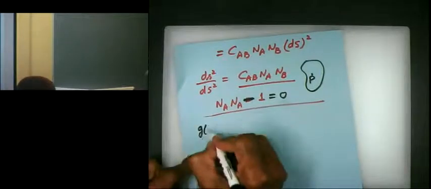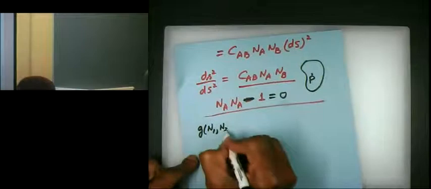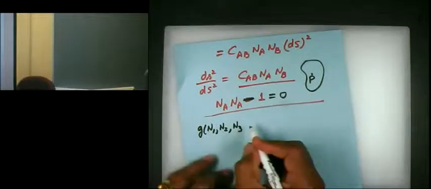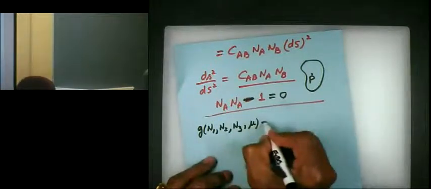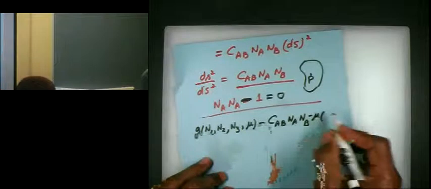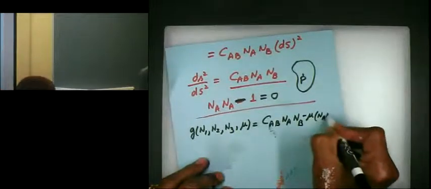It's a function of n1, n2, n3, and mu. So g is a function of four variables. n1, n2, n3 are the direction cosines of n, components of the unit vector n, and mu is a Lagrange multiplier.